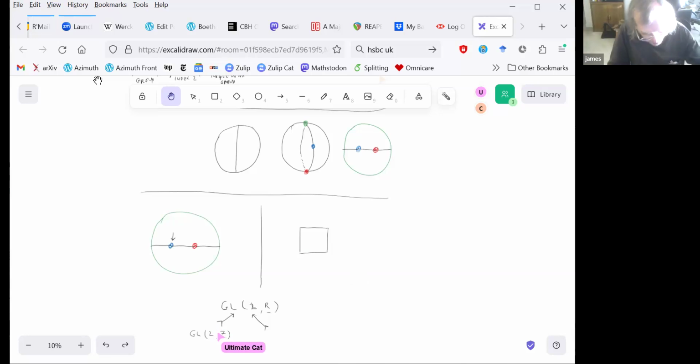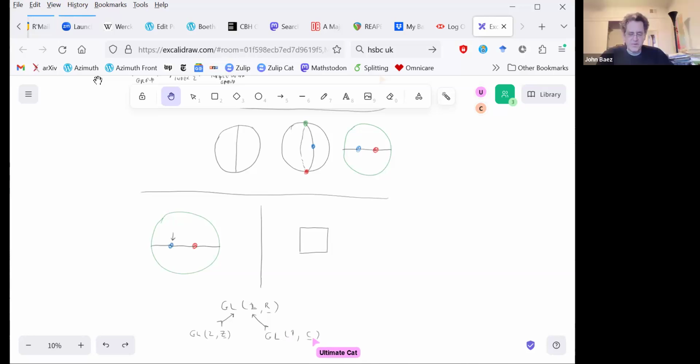And if you preserve a complex structure, then it's GL1C. And these are both subgroups of the ambient group. And the second one will preserve the orientation for sure.